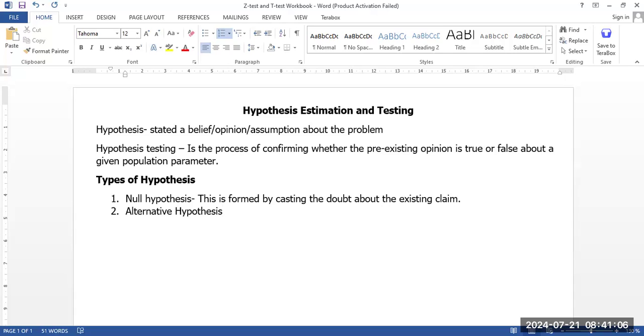It's the one which is accepted when the null hypothesis is rejected.